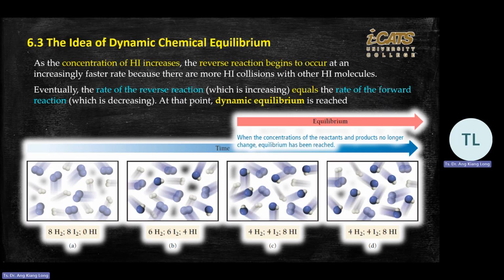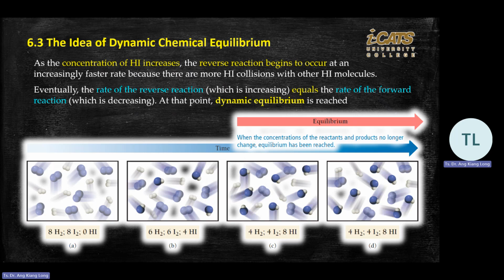So one part of the question will ask you, how do you know equilibrium has been reached in a chemical reaction? So you need to put this word: when concentration of the reactant and product. So again, in chapter 6, reactant and product is a very important keyword.